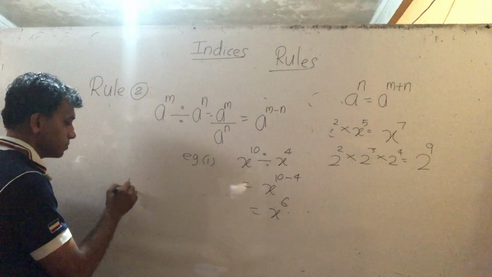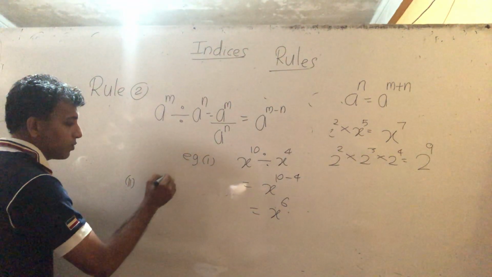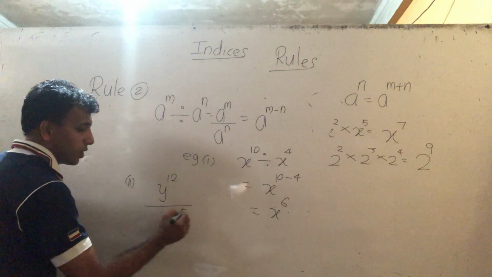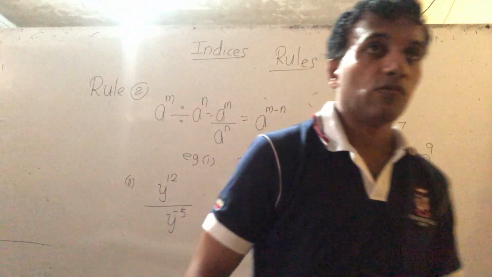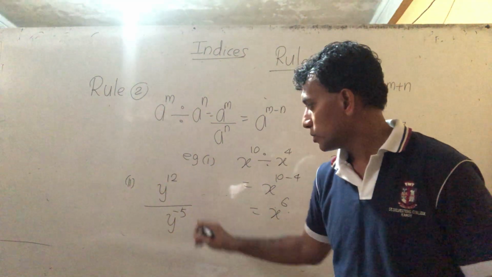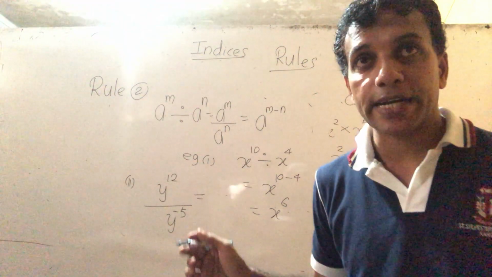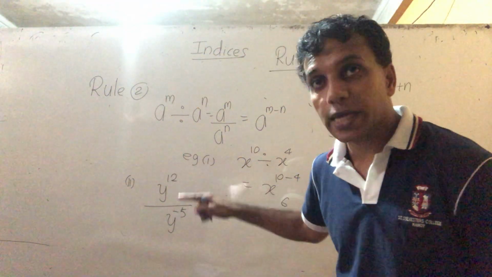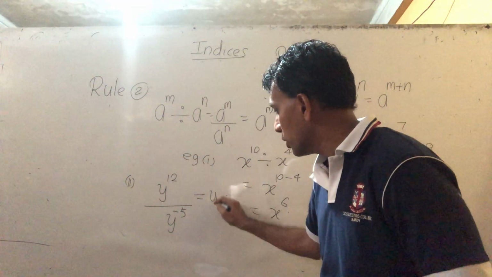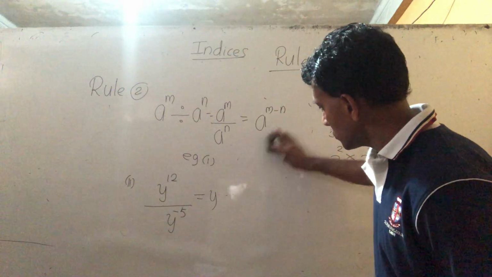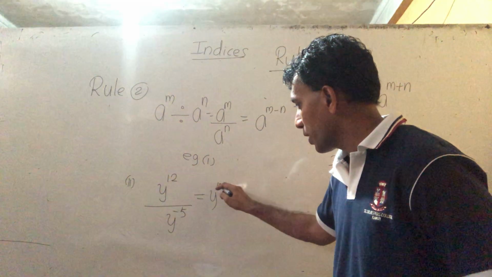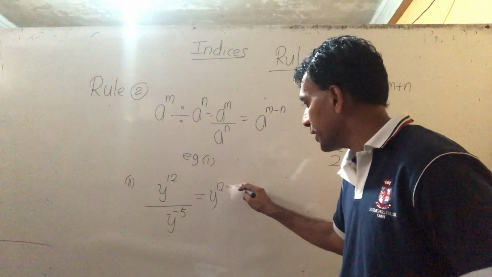See another example. y to the power 12 divided by y to the power minus 5. Follow the same method. Follow the second rule of indices. Bases are same, dividing, subtract the powers. Therefore, y to the power 12 subtract minus 5.